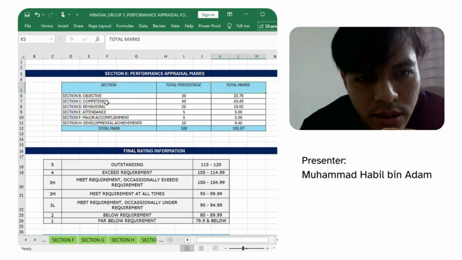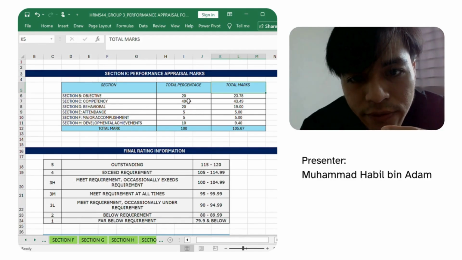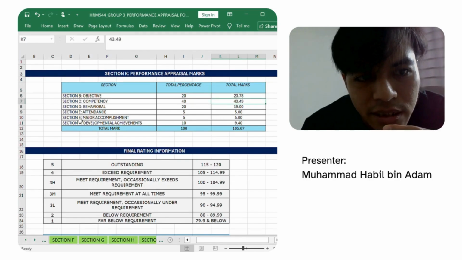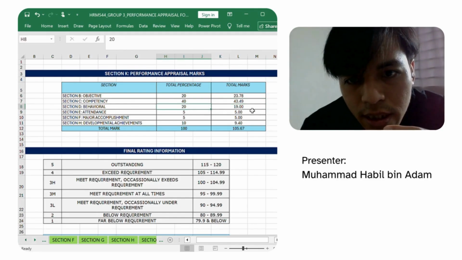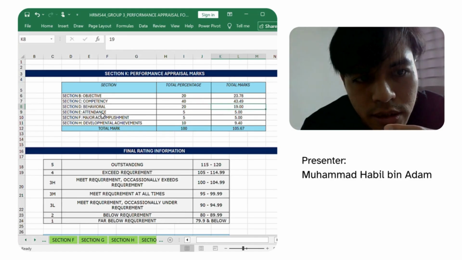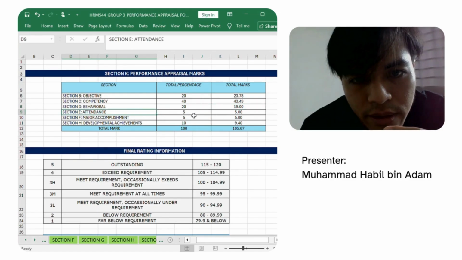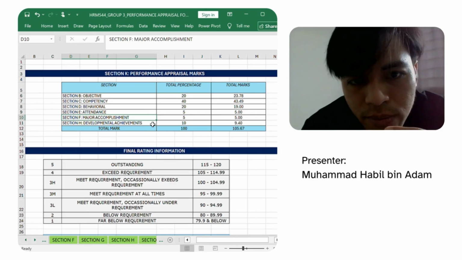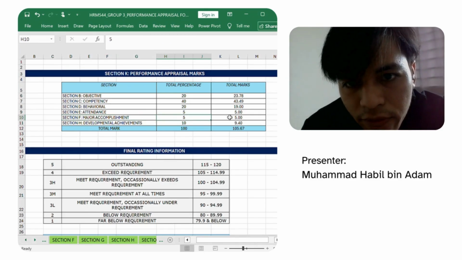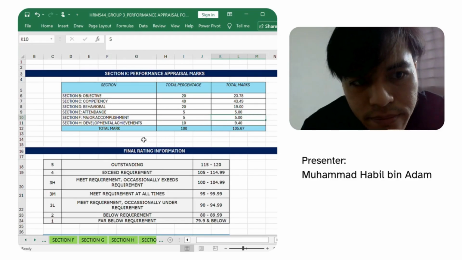Section C is competency, total percentage 40 and total mark is 43.49. Section D, behavioral, total percentage 20 and he gets 19. Section E, attendance, total percentage 5 and he gets full mark, 5. Next, section F, major accomplishment, total percentage 5 and he gets 5.